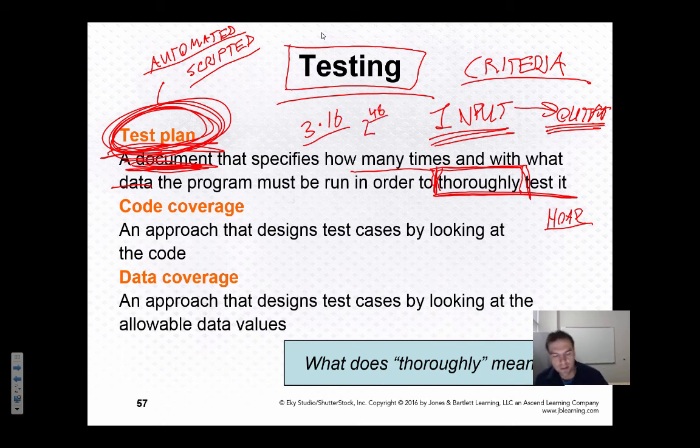If you pluck up a calculator and ask it, what is 2 to the 48th power? It is equal to 2.815 times 10 to the 14th.